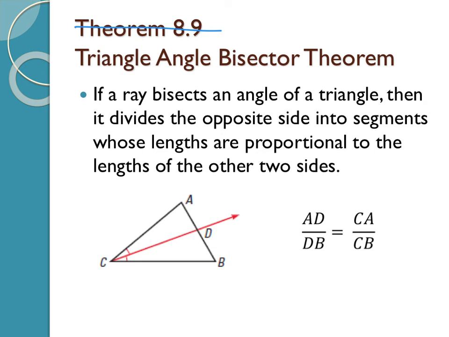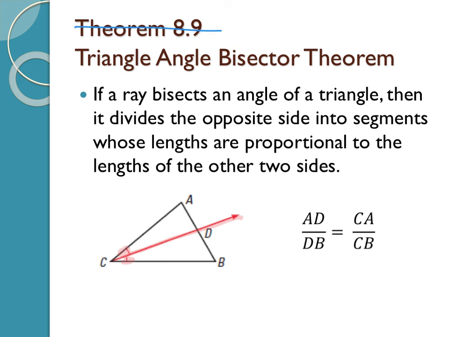So here is my ray in red that has bisected this angle. And the way that I know that that angle was bisected is because it's got the congruency marks here. You can see that this is congruent to this, so I knew that that angle was split into 2 equal parts.